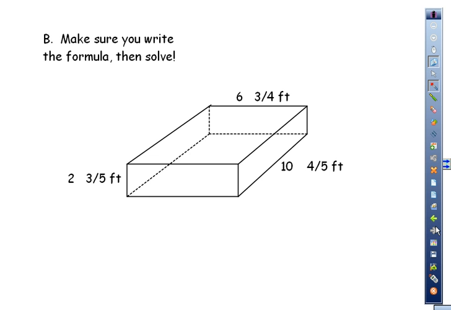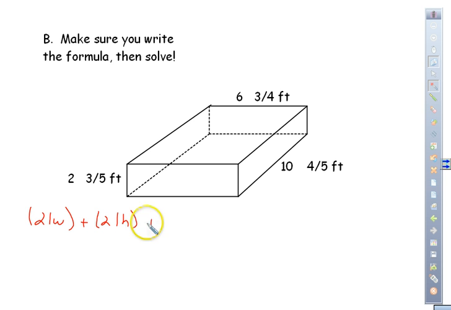This next problem is dealing with fractions. So go ahead and hit pause and attempt this. All right, so my formula again is 2 times the length times width, plus 2 times the length times the height, plus 2 times the height times the width.